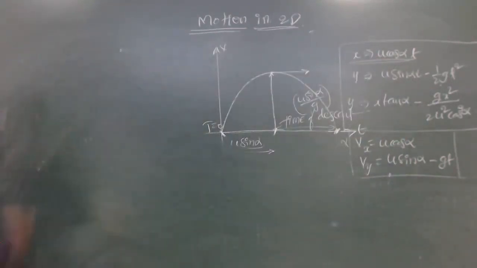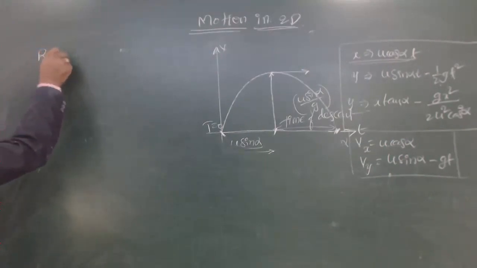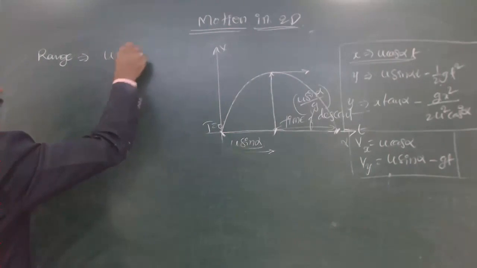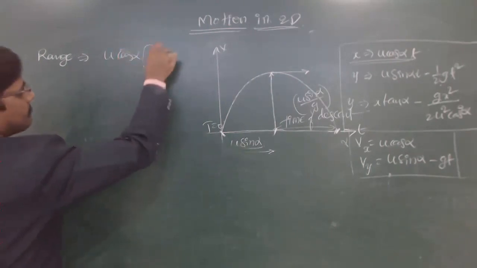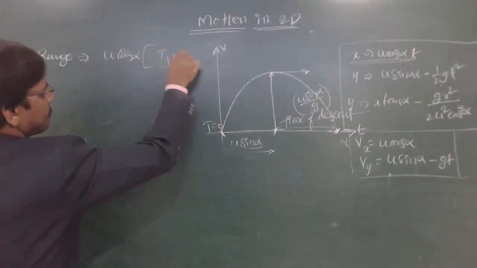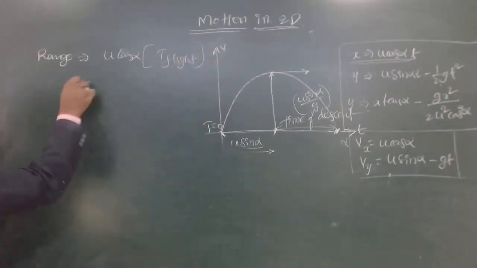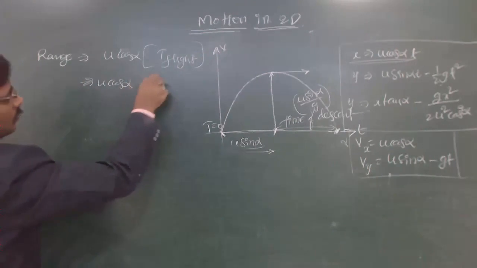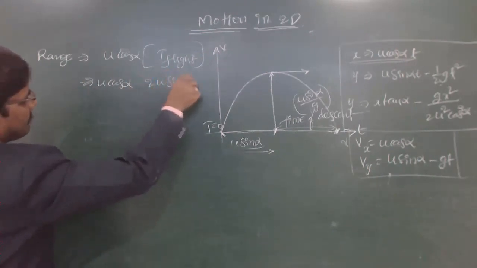So maximum range is u cos alpha into time of flight, which is 2u sin alpha by g.